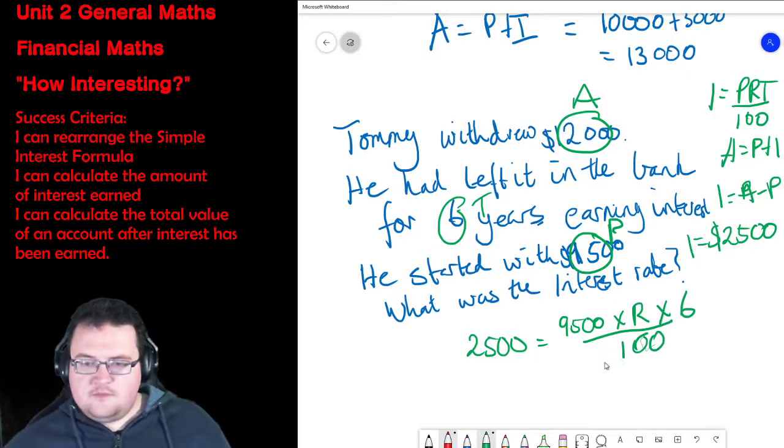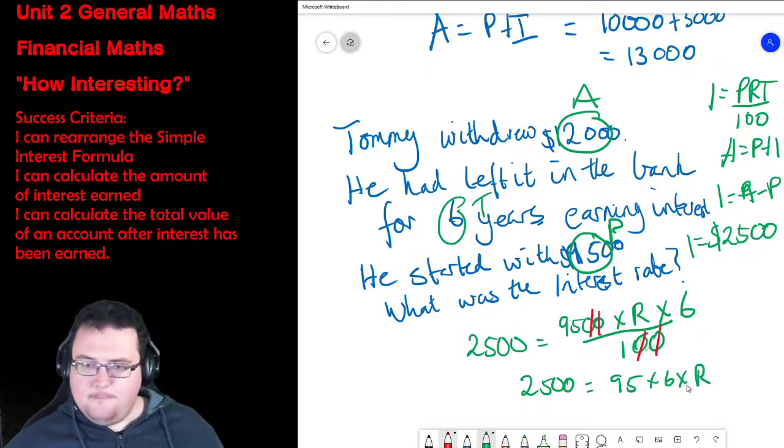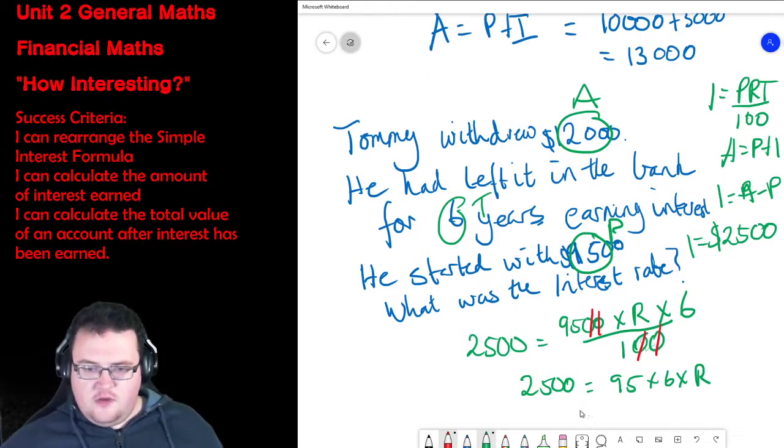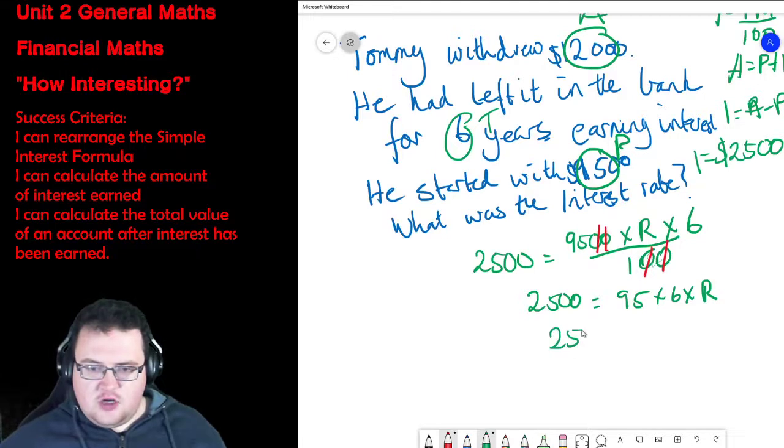First things first, I have zeros here that cancel out with the zeros there, which means I'm looking for 2,500 equals 95 times 6 times R. What's 95 times 6, guys? $570, correct. So 2,500 equals 570R.